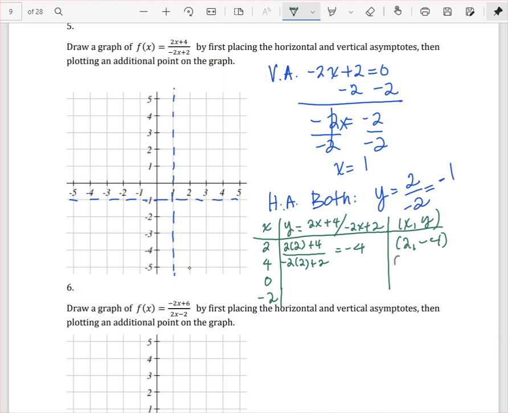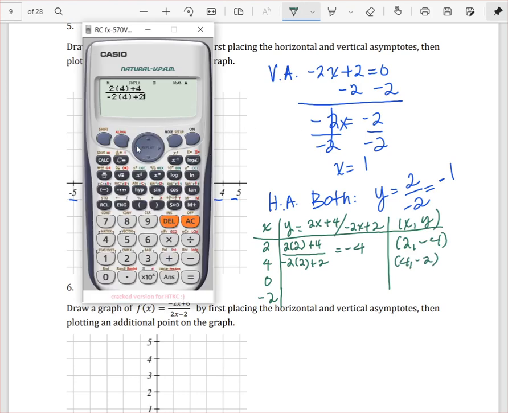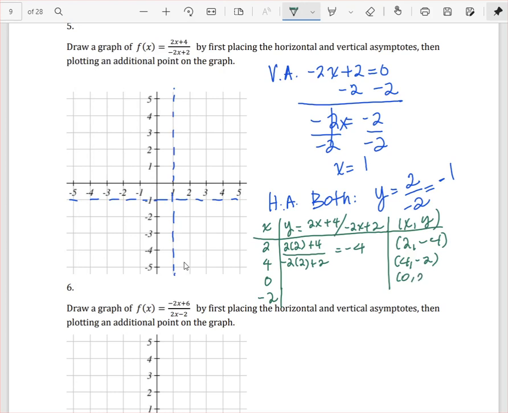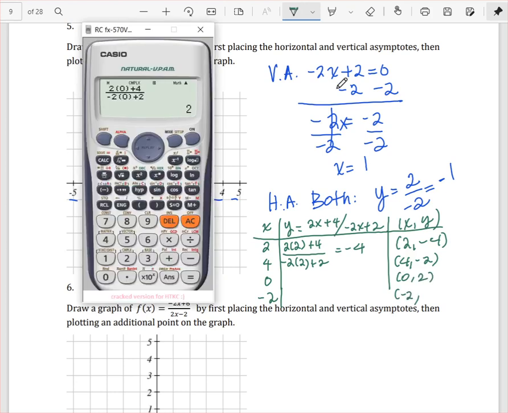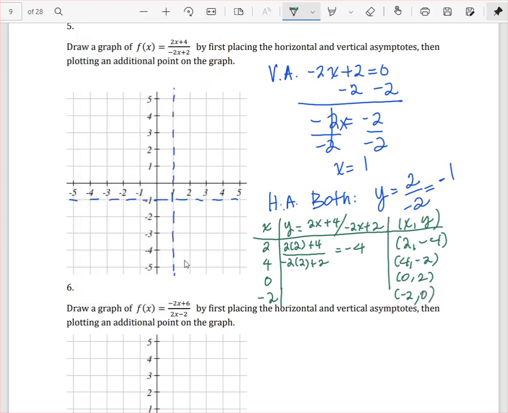And I get -2, so that's 4, -2. And then 0 and 0. So I get 2. So you see, even though I set it up once, then I just change the parentheses to the number I need. And that gives me the answers.